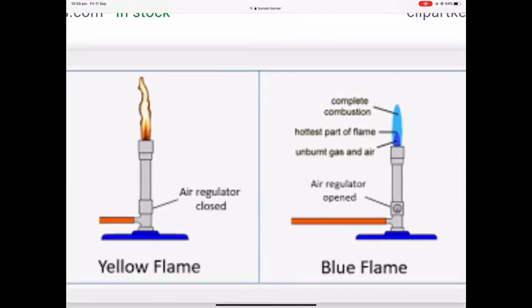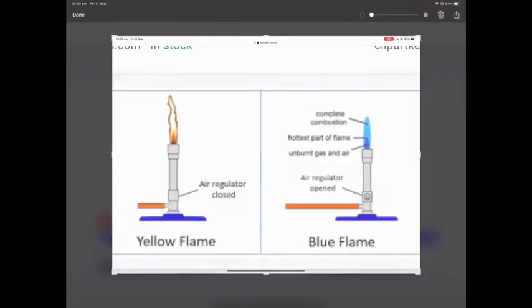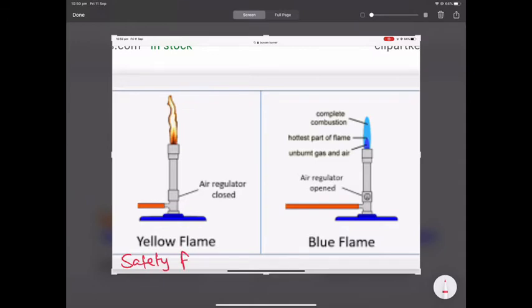So, for example, the yellow flame is also called a safety flame, or a standby flame.